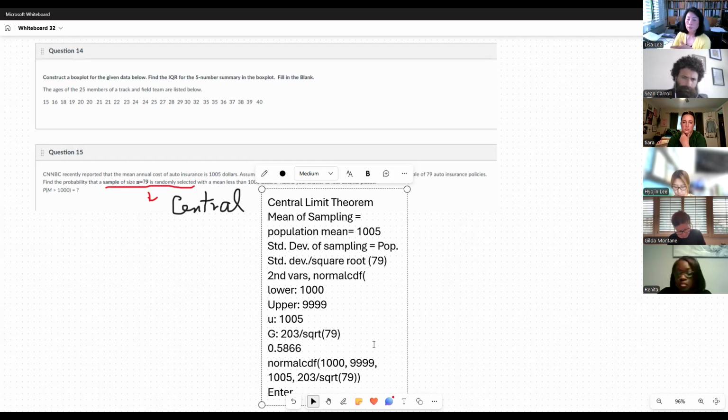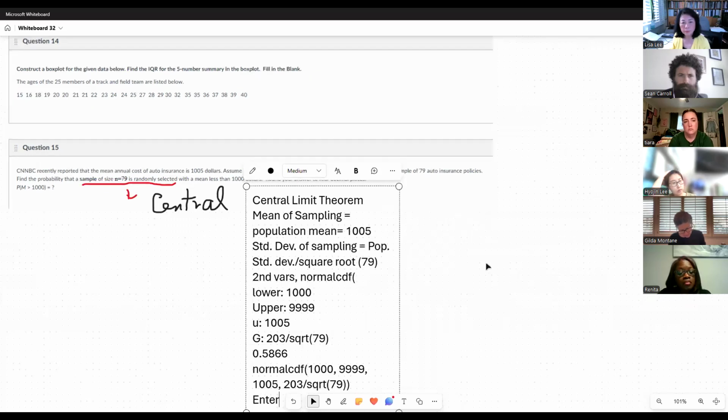For TI-84, they separate lower bound, upper bound, mean, standard deviation like that. But for those who still use a TI-83, you need to type it in. Okay, so that's for question 15, application of the central limit theorem from chapter 7.